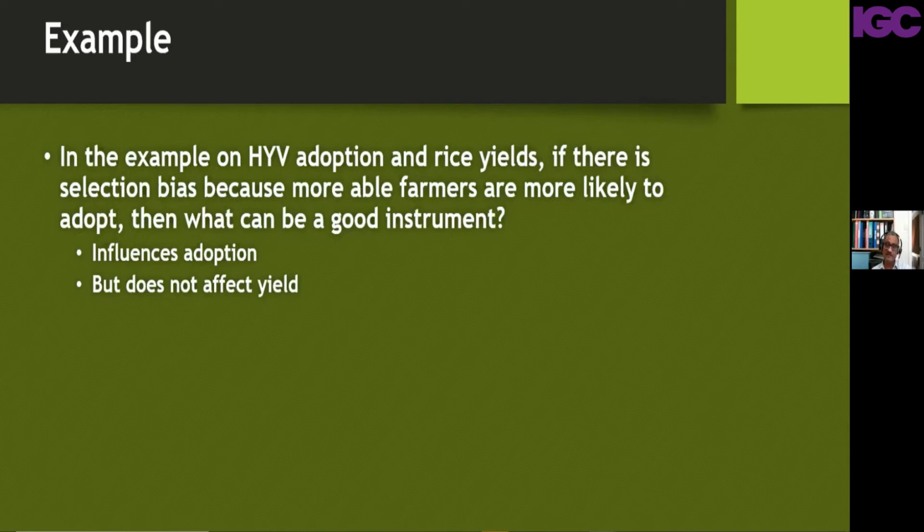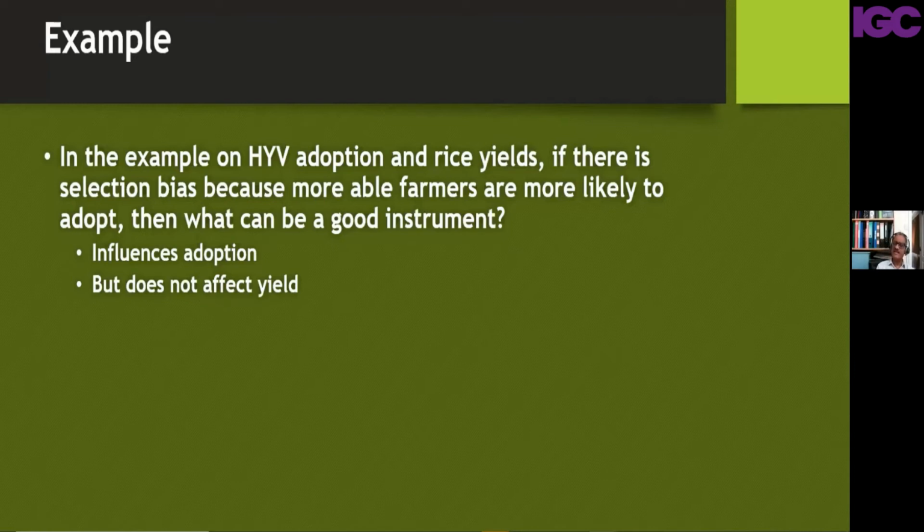In many of the papers on HYV adoption, what you will find is that they use variables like, suppose participation depends on how close to the program office a farmer is located. So access to the office which is disbursing the benefits. Then you can argue that the distance of the farmer from the program office affects the likelihood of participation, but does not affect the yield.